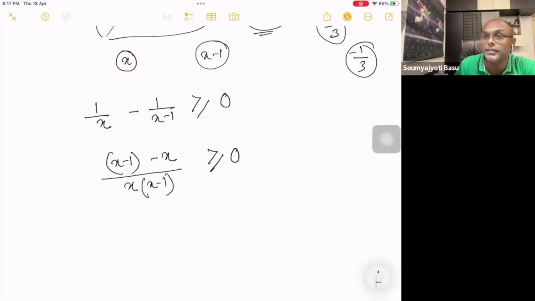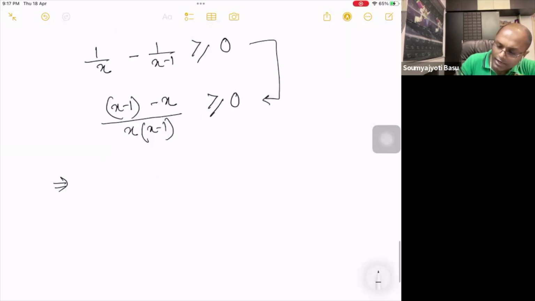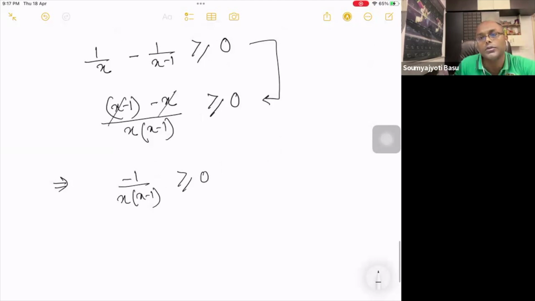Correct? I can write this. You have to be comfortable with this step. This is a junior class step. So you have to be comfortable. Okay. In fact, I can write this as minus 1 by x into x minus 1 greater than or equal to 0 because this x gets cancelled out. I have a minus 1 at the numerator.